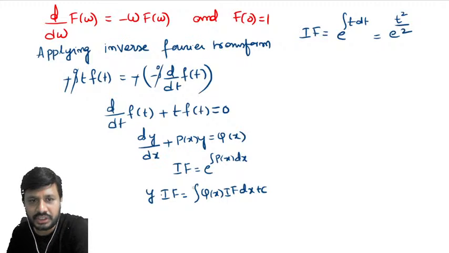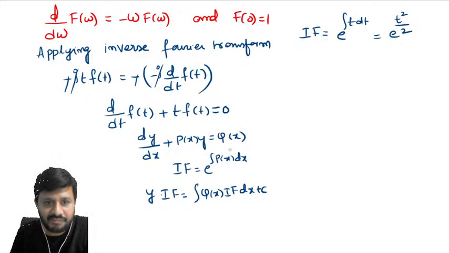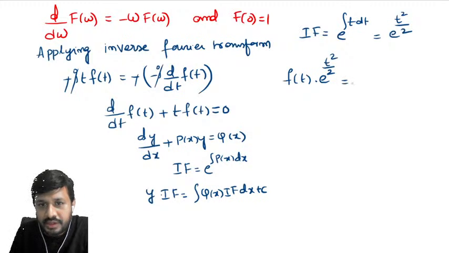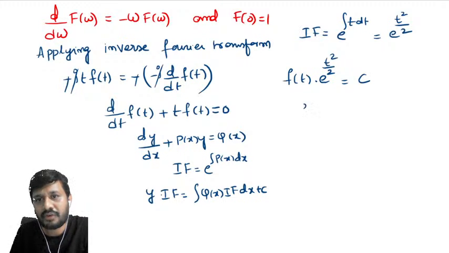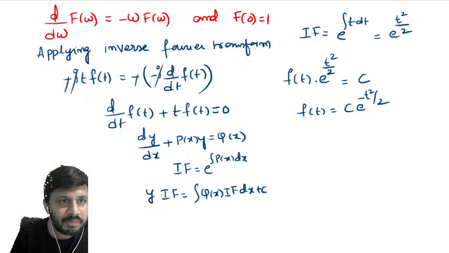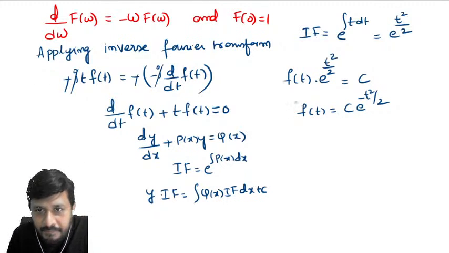Now get the solution so that we get f of t: y into IF, with f of t in place of y, is equal to integral q of x, which is anyway 0, plus c. So f of t is c e power minus t square by 2. Hope you are comfortable up to this point, my dear students.